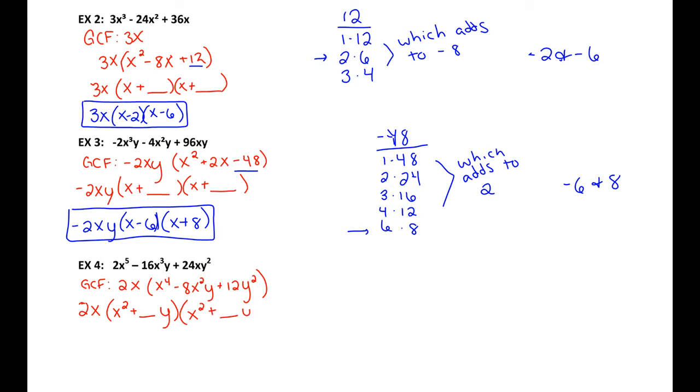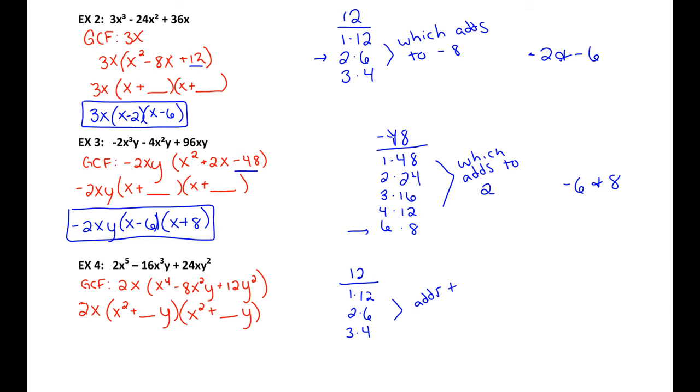The second part works the same. I'm still looking for factors of my c value, which are 12, so I can use the same list of factors as example number 2. And again, I'm trying to find which ones add to negative 8.